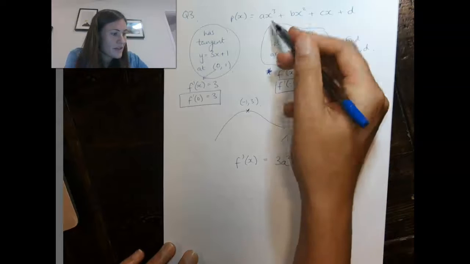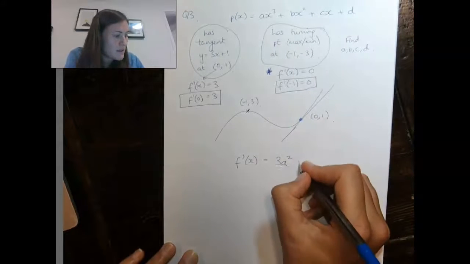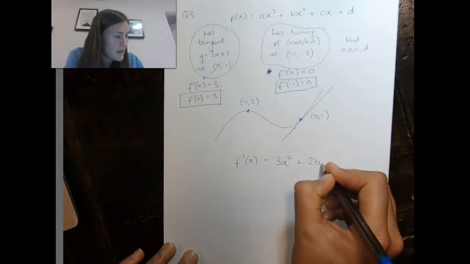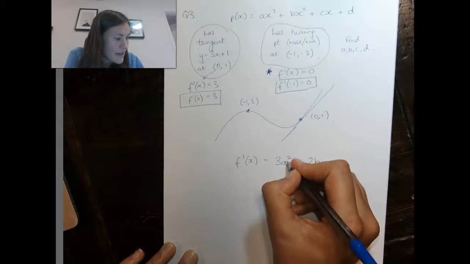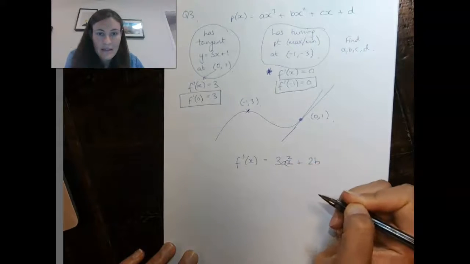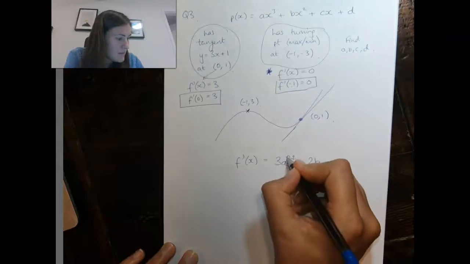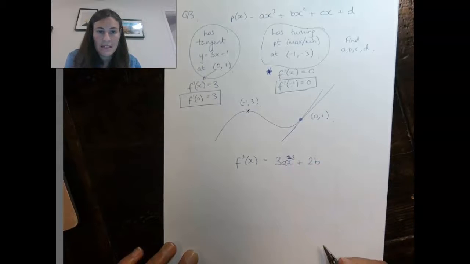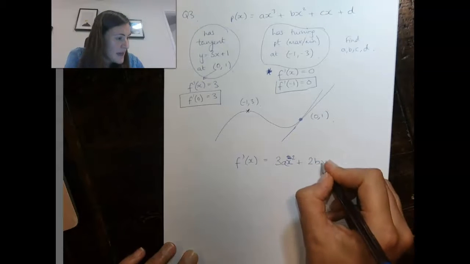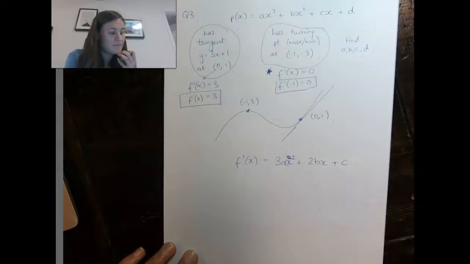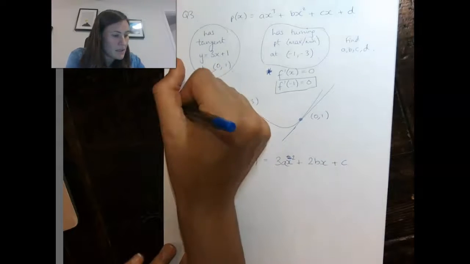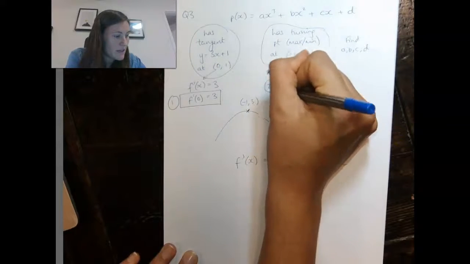So differentiating, 3ax squared, sorry, I got that wrong at first, that is an important mistake to pick up here, plus 2bx plus c. All right, and now I'm going to substitute both of these key facts in.